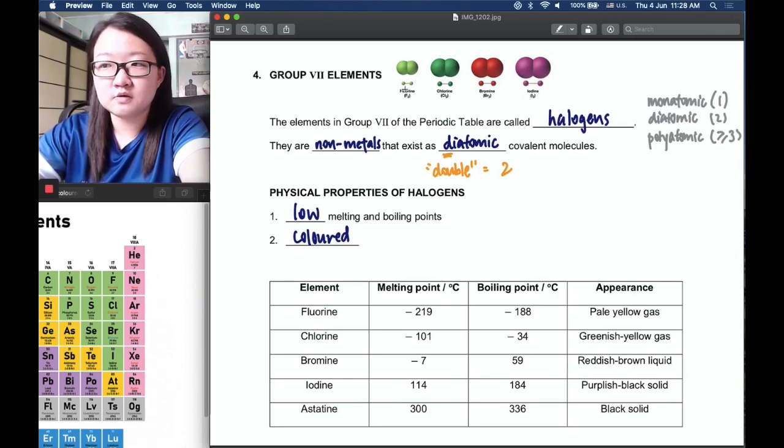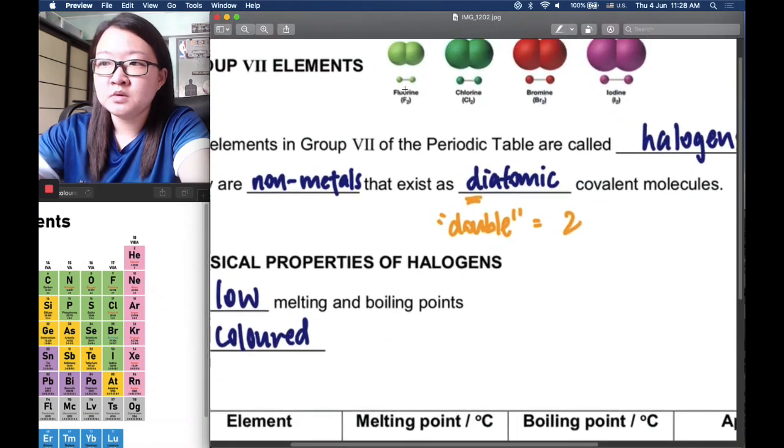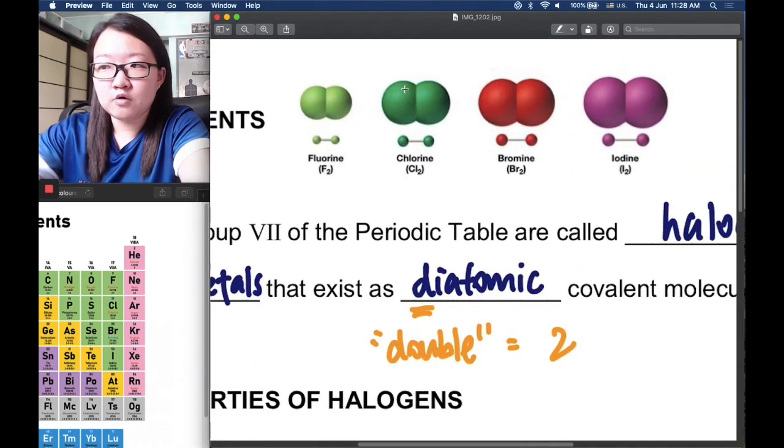So for instance, we have fluorine, chlorine, bromine, iodine. All these exist as diatomic, okay? Meaning the chemical formula for fluorine is F2, followed by Cl2, Br2, and I2.